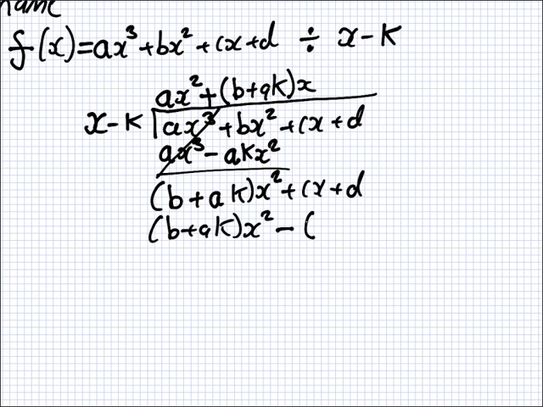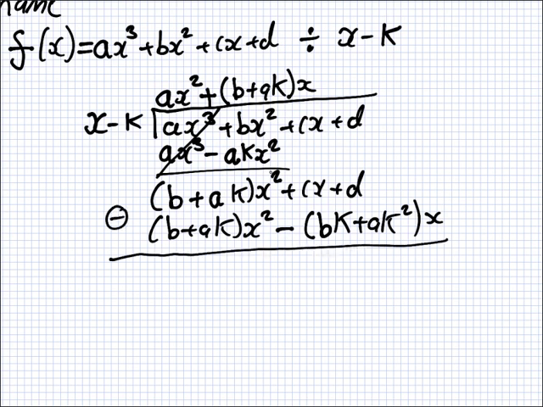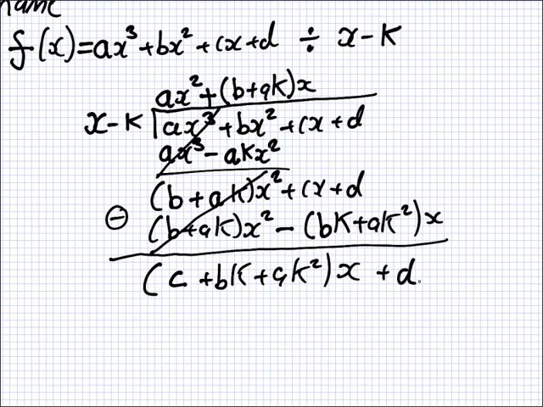So that gives us, now I'll put the k inside, minus bk plus ak squared x. And then we subtract again. And again, these cancel. And these two, minus minus, makes plus. So you end up getting c plus bk plus ak squared x. And then don't forget, this d here gets carried down.